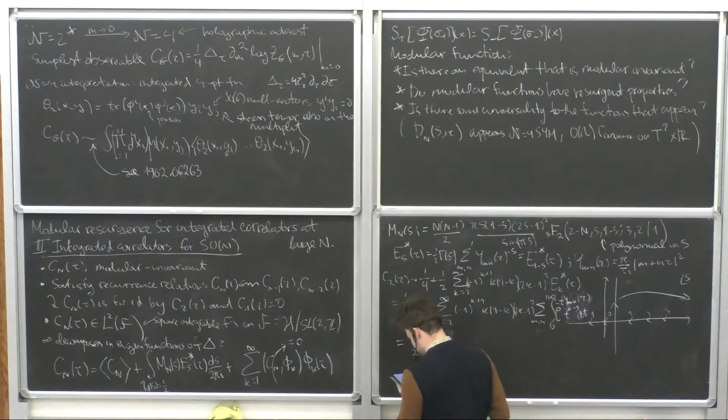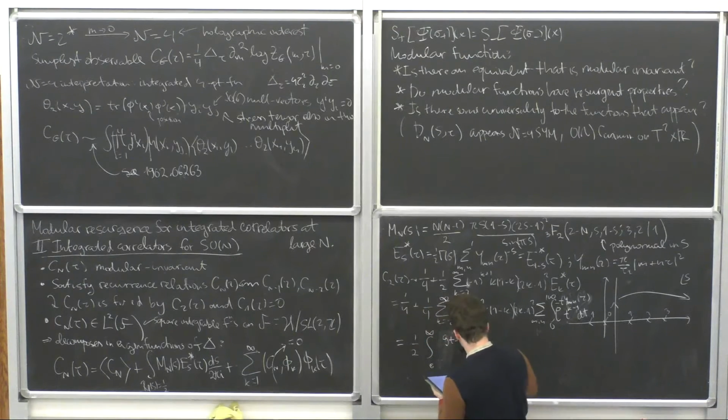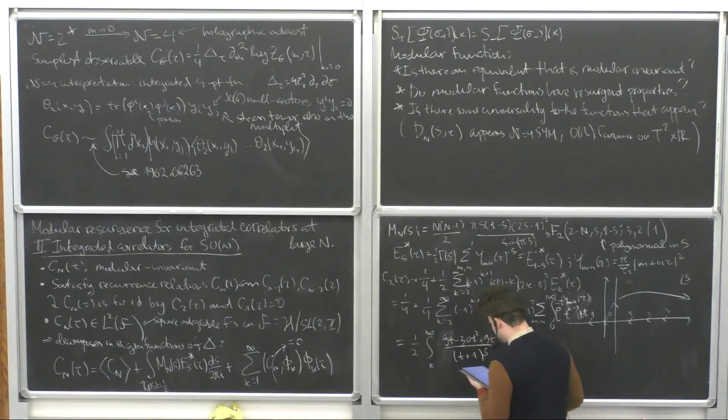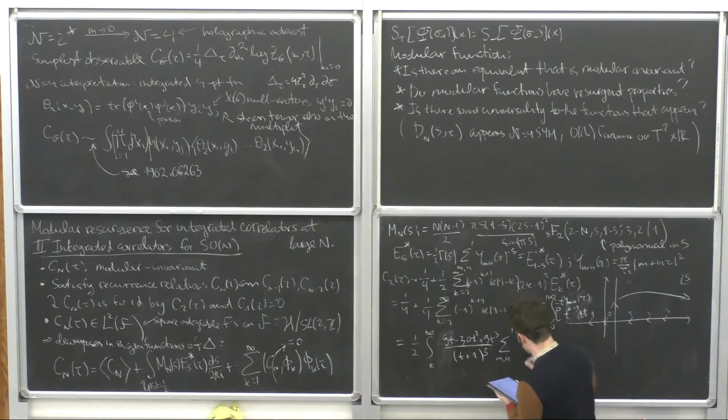Actually, let me write it a bit differently. There's a (9t minus 30t squared plus 9t cubed) divided by (t plus 1) to the power 5, sum over (m,n) excluding (0,0), e to the minus t y_mn of tau dt.